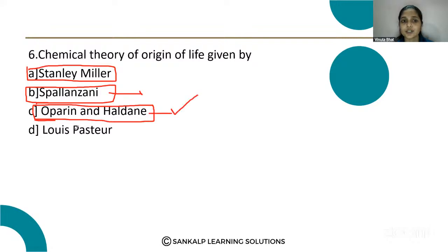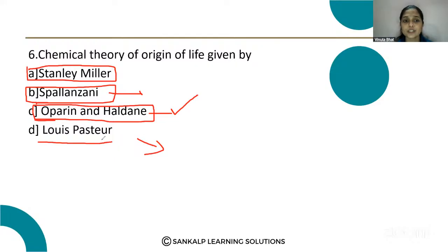So for this question, Oparin and Haldane is the correct answer. Louis Pasteur disproved the theory of spontaneous generation. He explained that organisms develop from pre-existing ones, not from rotting or dead materials.